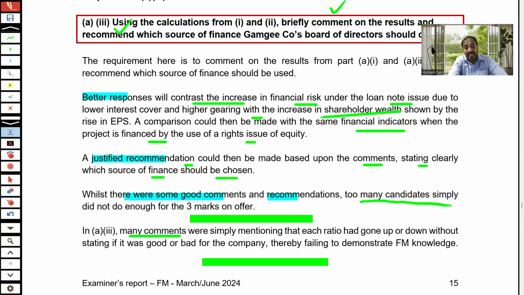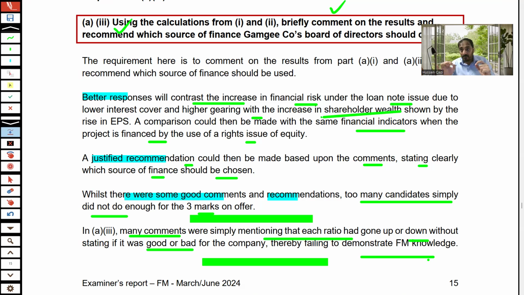Too many candidates simply did not do enough for the 3 marks. In many comments it was simply mentioned that the ratios had gone up or down without stating whether it was good or bad for the company, thereby failing to demonstrate FM knowledge.